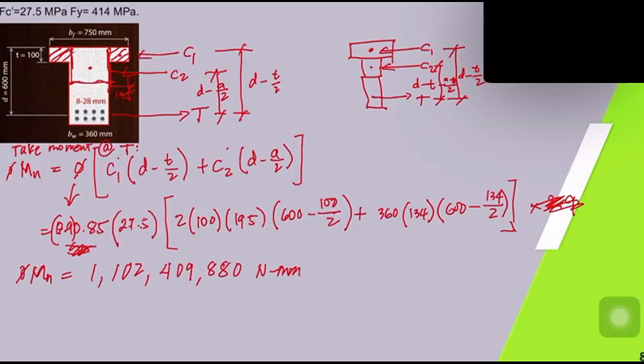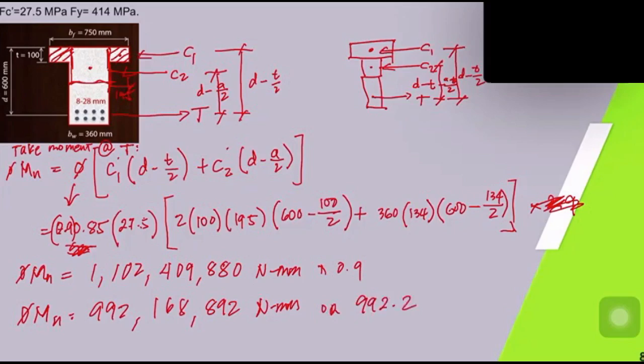So multiplied by 0.9, 992. 892 Newton mm, or 992.2 kilonewton meter. So this is the design strength.